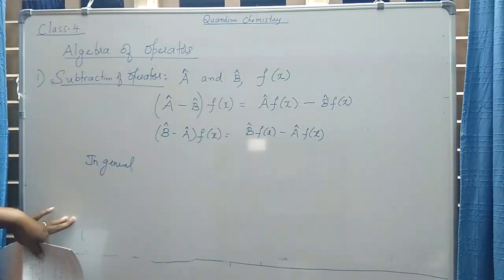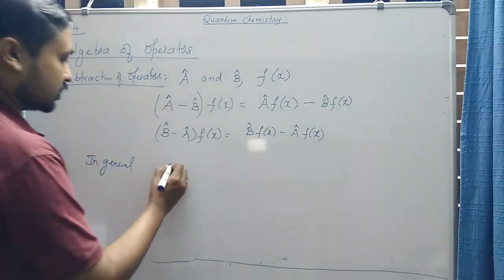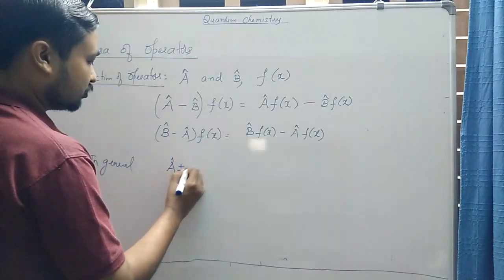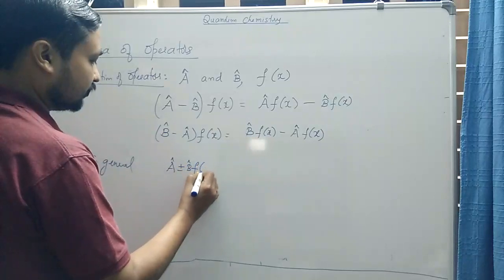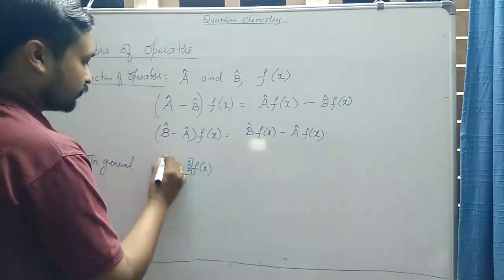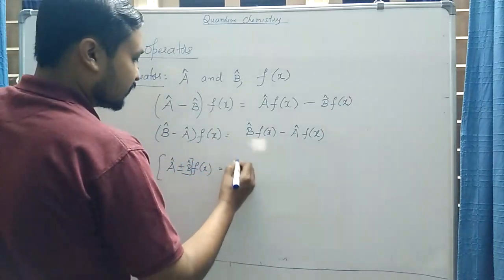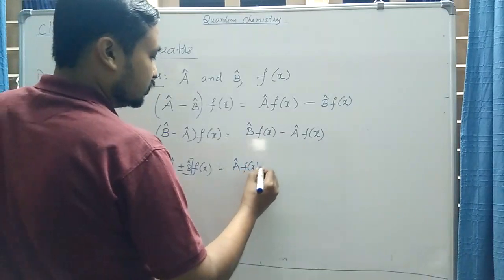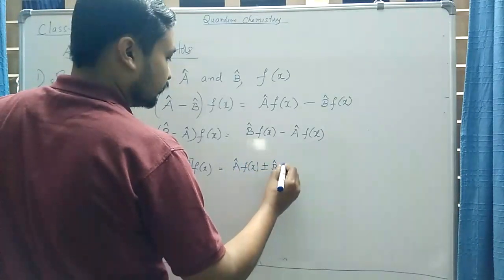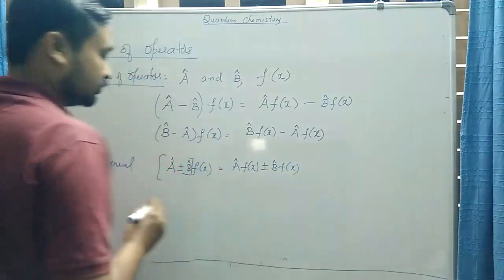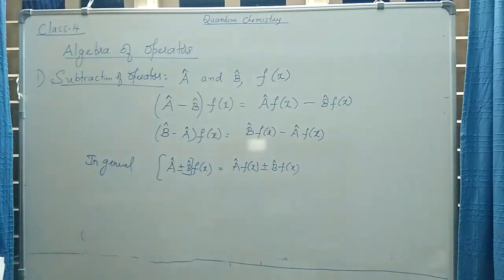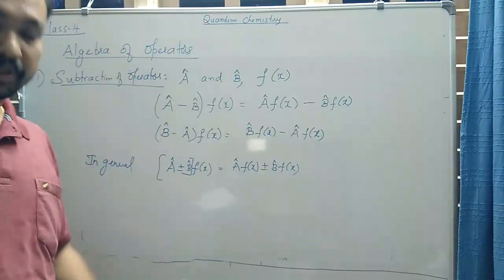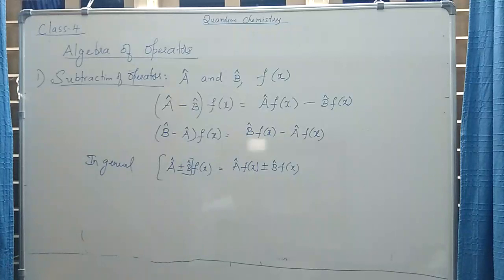In general, if I write the addition and subtraction rule together, you can write (A plus or minus B) of f of x is equal to A of f of x plus or minus B of f of x. This rule represents both the addition property as well as the subtraction property of operators.